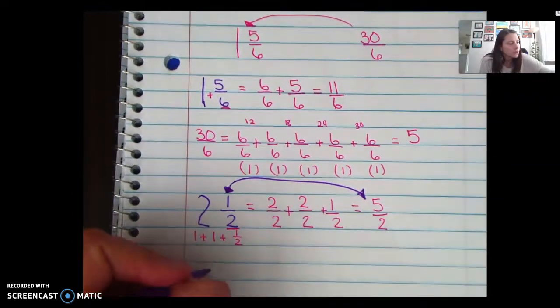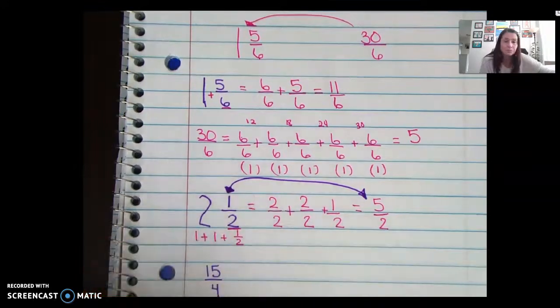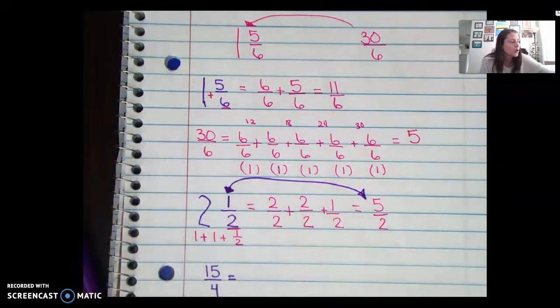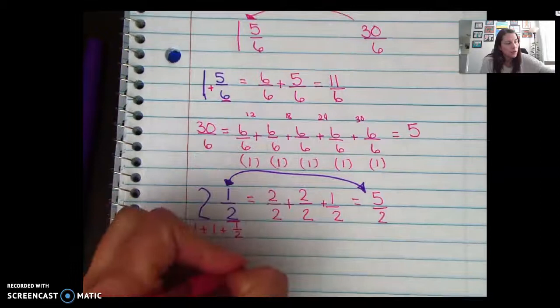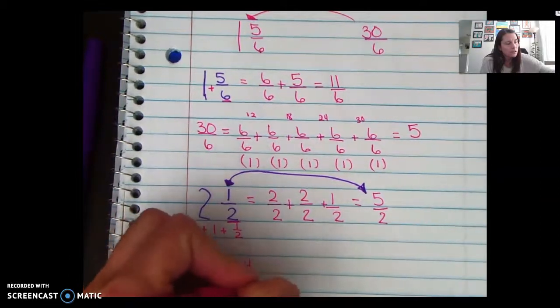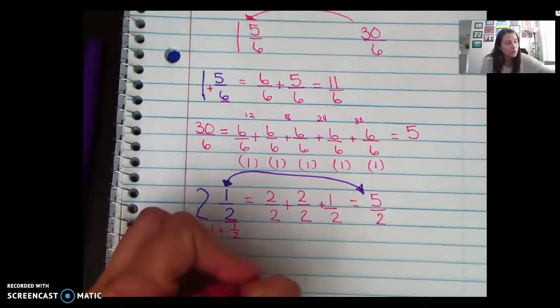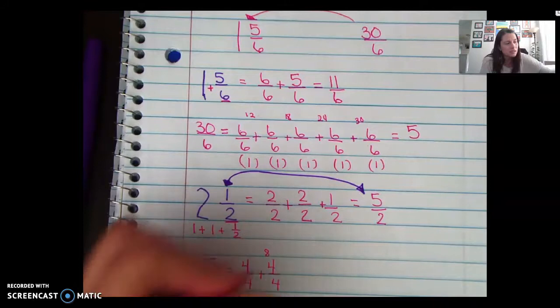Okay, so let's do fourths. 15/4. So then I know that a whole, if I look at my denominator, is going to be 4/4. So then I have 4 fourths, and I do another 4 fourths, that's 8.